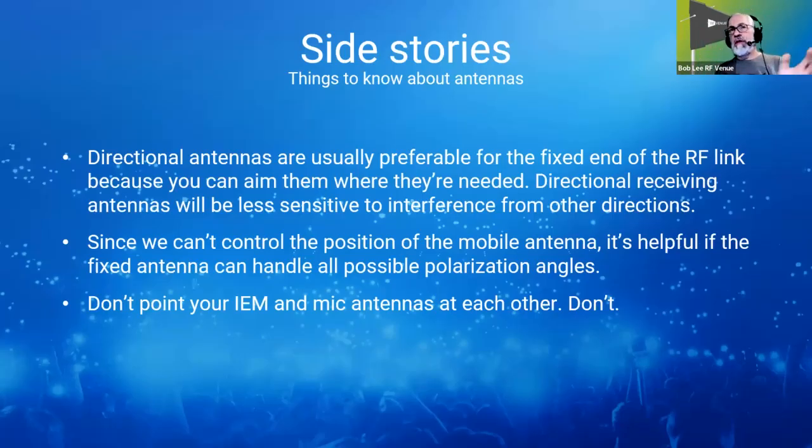For in-ear monitors, directionality is good because we're essentially focusing that RF energy from the transmitters and combiner toward the in-ear monitor receivers, and you don't need to send it out in other directions. We want it to go where the receivers are. So it's a good idea to just make efficient use of your system and go directional.